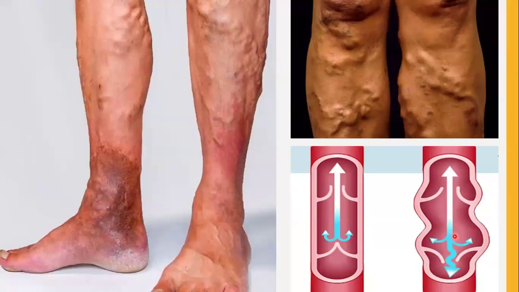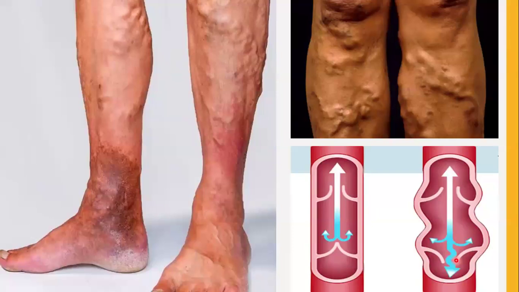And if it allows backflow, it means that that segment of the vein will hold a lot of blood, and so it will expand to become tortuous. When that segment becomes tortuous, the other adjacent segments will also become dilated and tortuous.